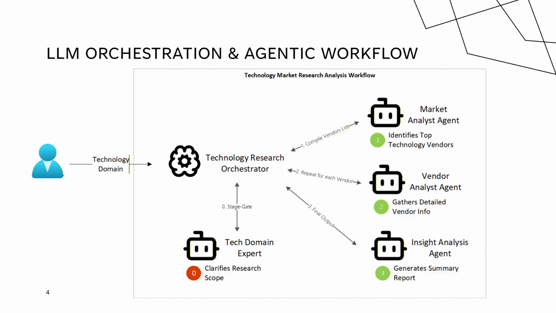The orchestrator validates the list and asks our vendor analyst agent to research the product features and so on. And finally, our insight analyst reviews all of the collected information and generates an executive level report, including comparisons, SWOT analysis, and recommendations. Now, let's see it in action.